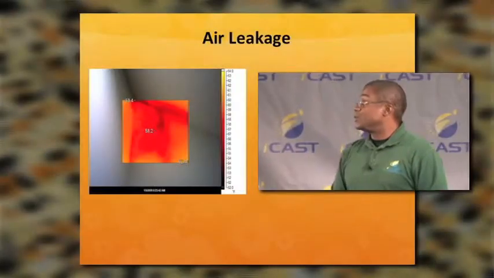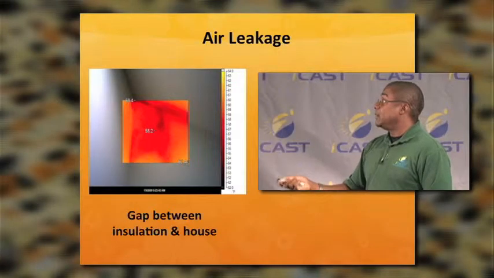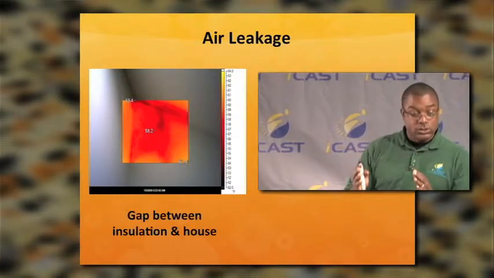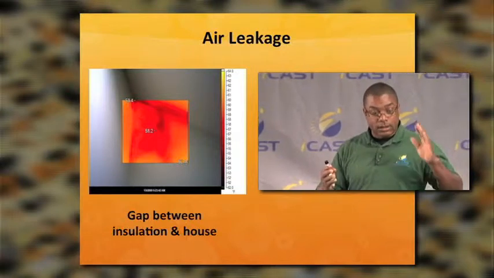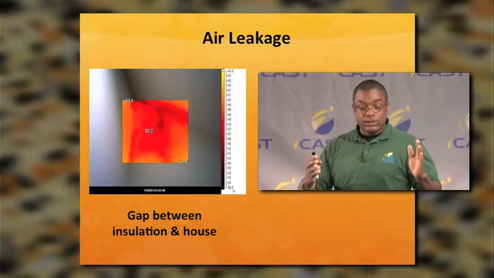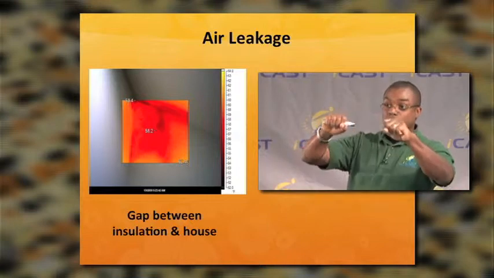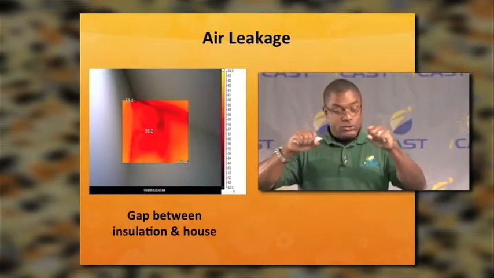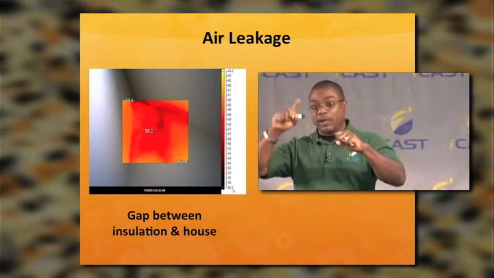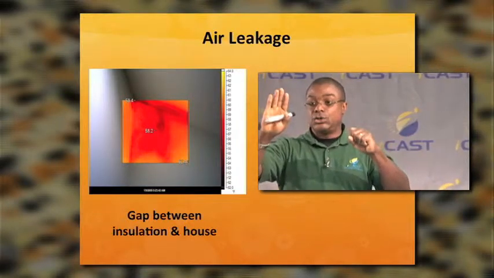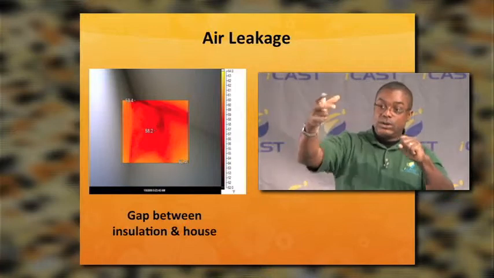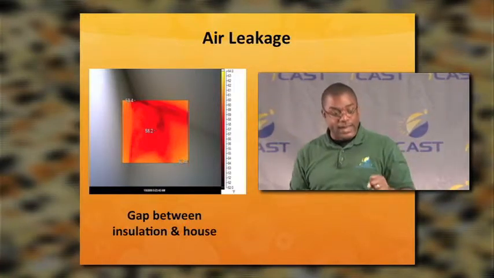Here's a good picture of what a gap in the insulation looks like using an infrared camera. Here, what you're looking at on this picture on the left is insulation that's been installed poorly in a knee wall. And so you can see some small cold spots where air has been allowed to get in behind the insulation and begin to absorb the heat from the house.